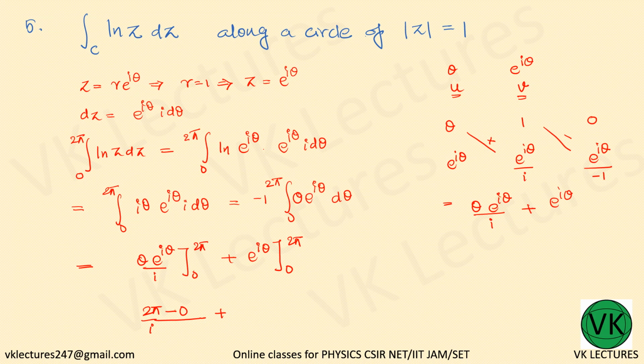So that's it. Here the second term is 0, this means 2 pi by i, dividing and multiplying by i on both sides, you get i here, so minus 2 pi i.